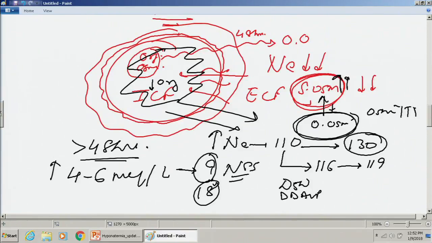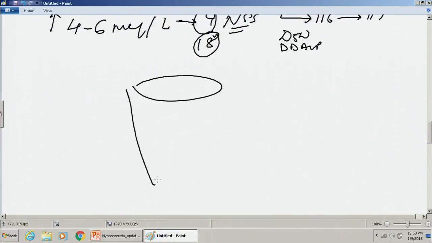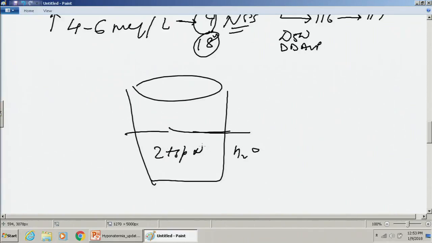So the indication for the administration of DDAVP, that's not going to do with how much we overcorrect the sodium? Yes. So what normally happens is if you have a glass of water and say half is water and you have 2 teaspoons of salt in this, for an example, okay?